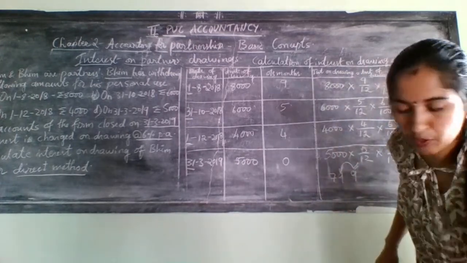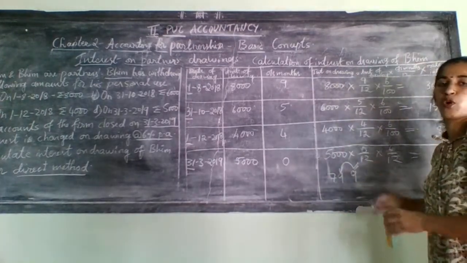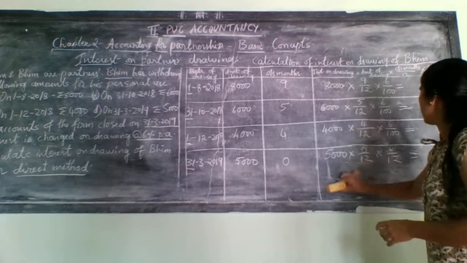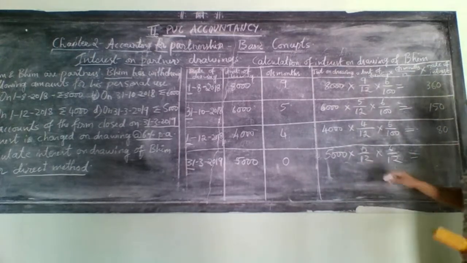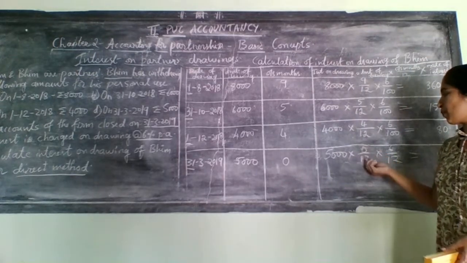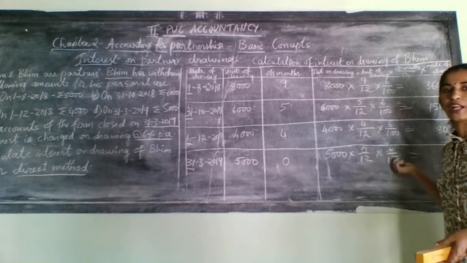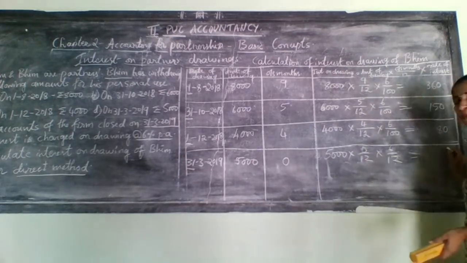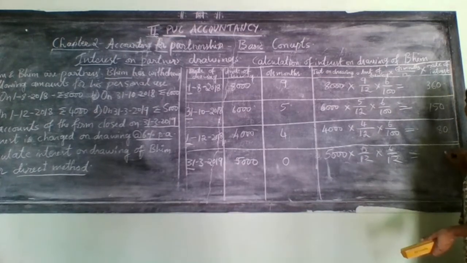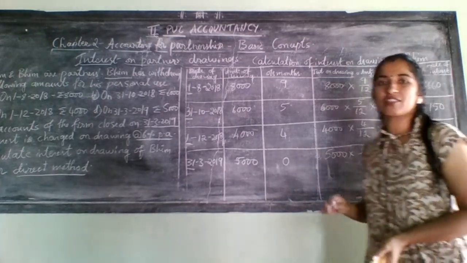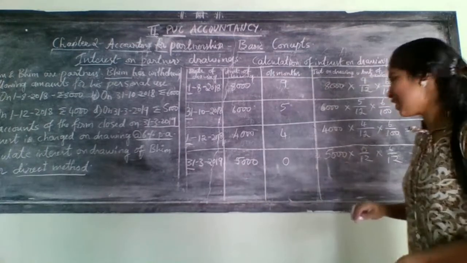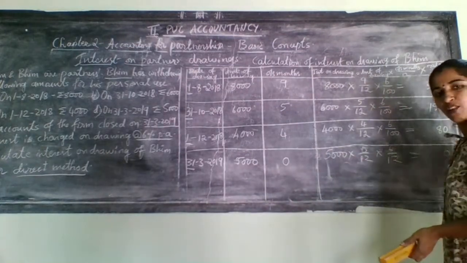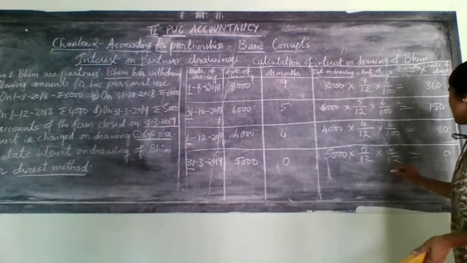One number you need to increase because this is more than 5, round off you are doing. So 80. Next one, 5000 into 0 by 12 into 6 by 100. How much will it come? It will come 0, because if you do any multiplication or division with 0, the answer will come 0 only. So however big the calculation, the final answer will be 0.